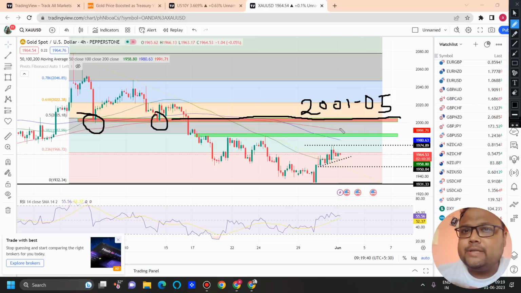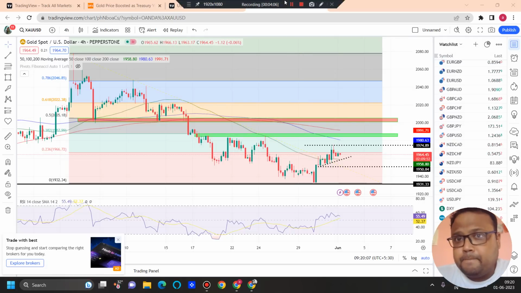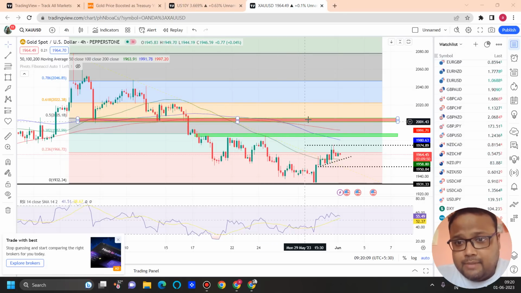In case gold shows extreme upside before NFP, you can expect strong sellers around this area. If the market reverses, you can look for a sell position around the 2001, 2003, 2005 level. But 2001 to 2005 is quite far away from the current market price.